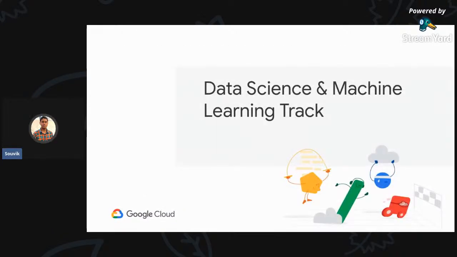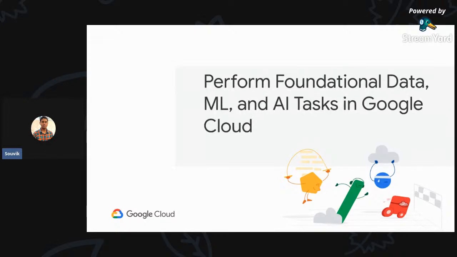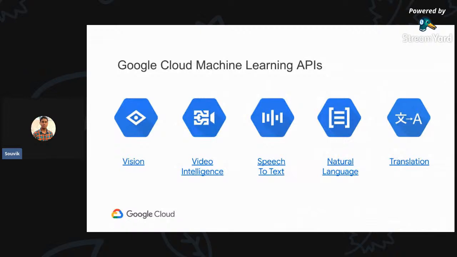Okay, so coming to the machine learning track. Today we will go through one of the labs of this quest called Perform Foundational Data, ML and AI Tasks in Google Cloud. First of all, let me go through a brief introduction of what APIs are provided. Google Cloud provides several pre-trained machine learning models.